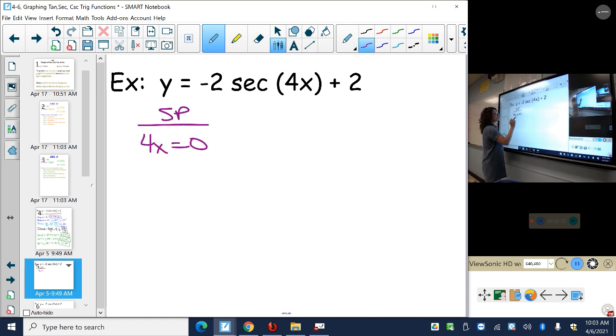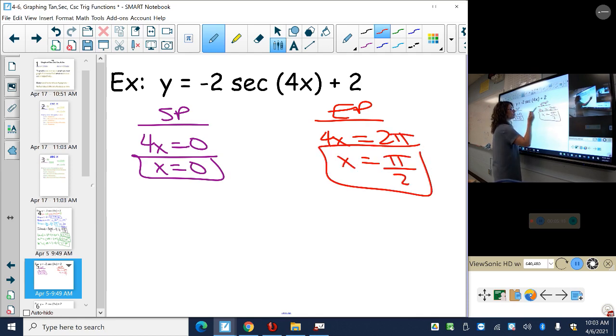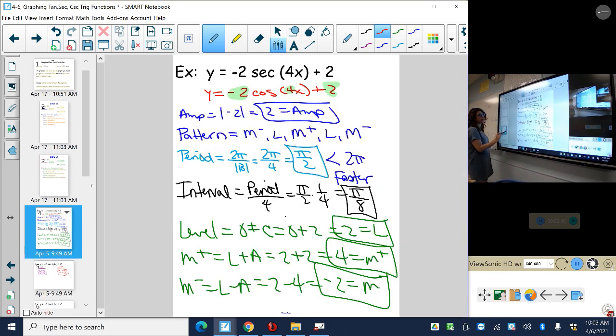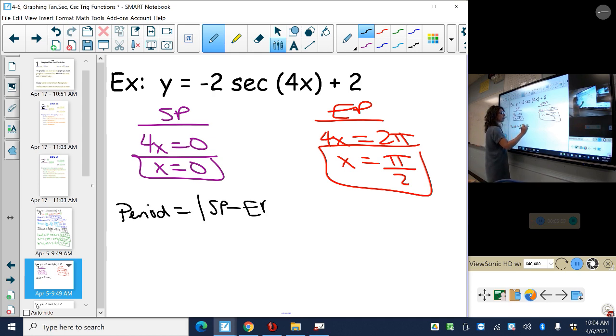So 4x is equal to 0, so x is equal to 0. And then my ending point is going to be 4x is equal to 2 pi, so x is equal to pi over 2. And if you look at your period, this is your period, which means I know that I'm right. Because if I check this, my period is my starting point minus my ending point.